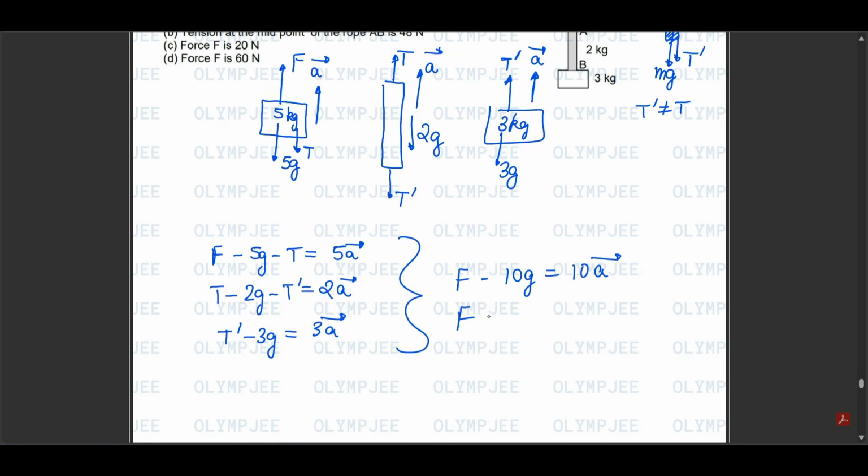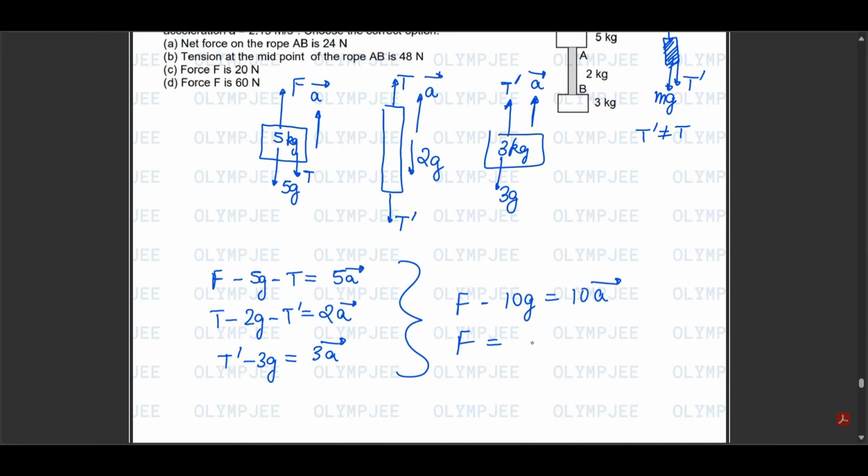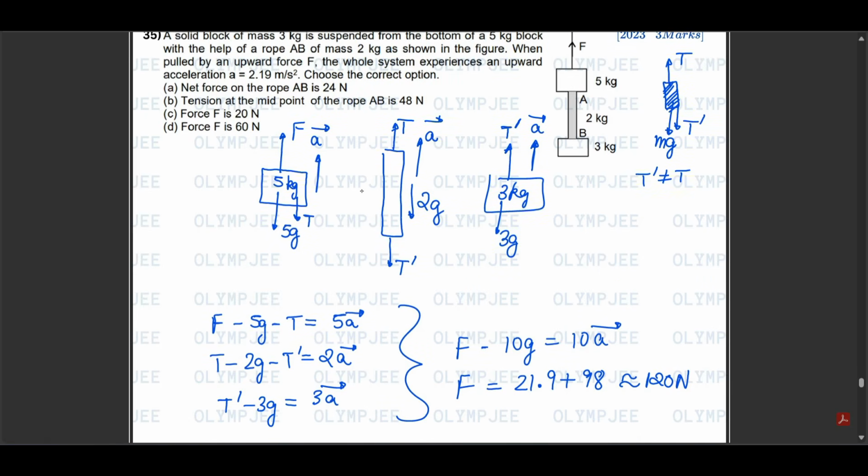So F would be equal to 10a, which is 21.9, plus 9.8 multiplied by 10, which is 98. So this would be approximately equal to 120 newtons. So the force is 120 newtons.